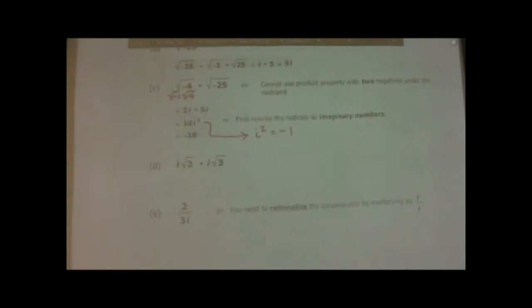All right, let's take a look at example D. In example D, we've got i square roots of 2 times i square roots of 3. And we're going to multiply these just like we've been multiplying our radical expressions previously. I'm going to multiply the i times the i, which is i squared.